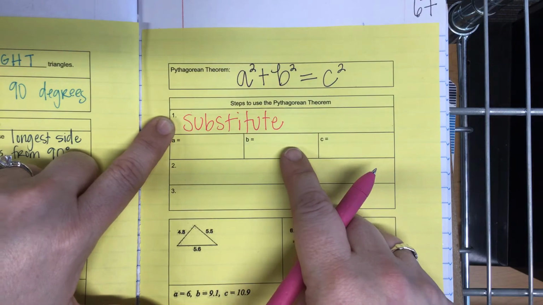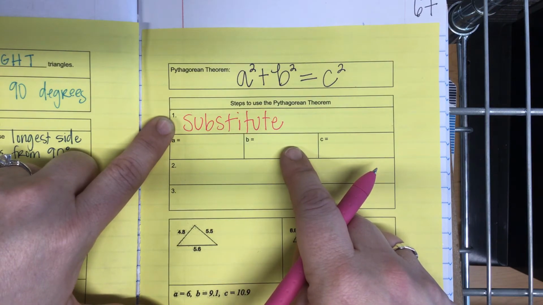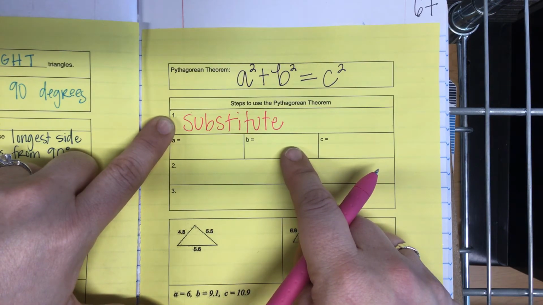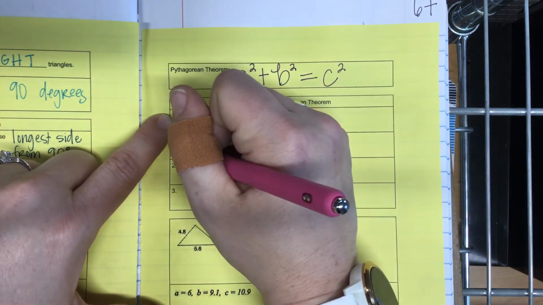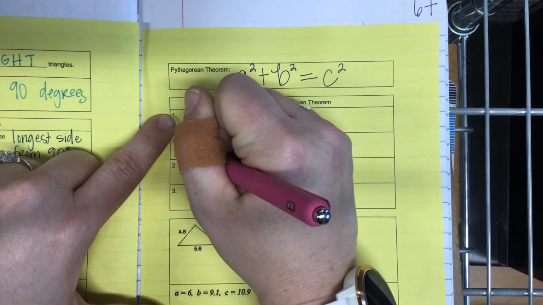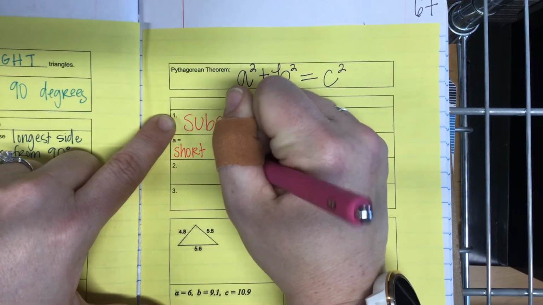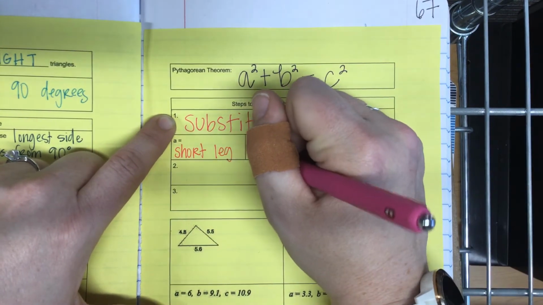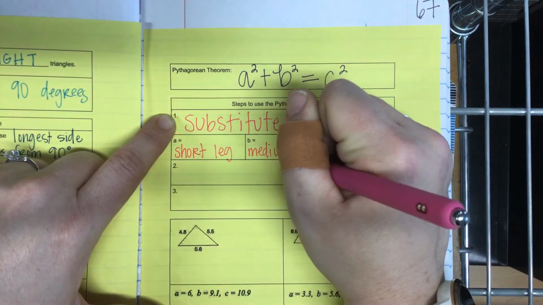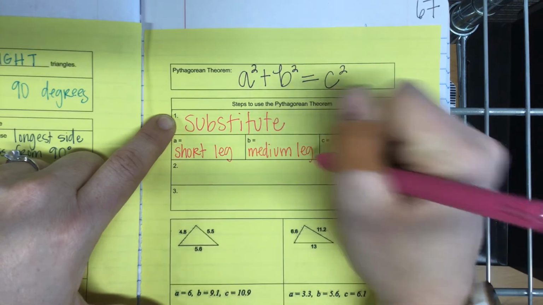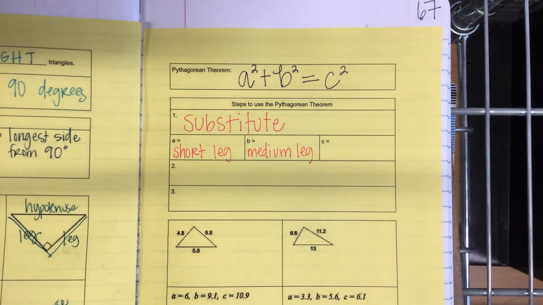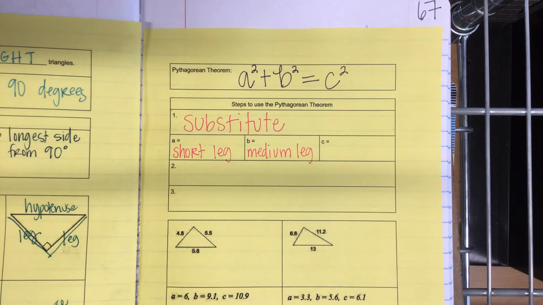A and B are the legs. When we start out, I like to say A is the short leg and B is the medium leg. So if A is the short leg, the shortest, smallest number, and B is the medium leg, the medium number, what's C?